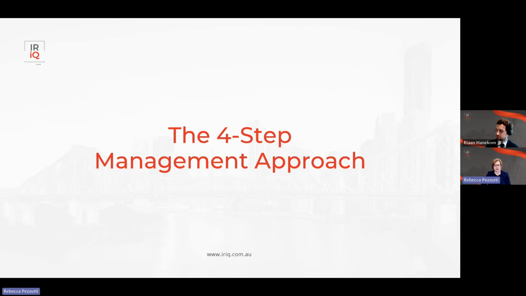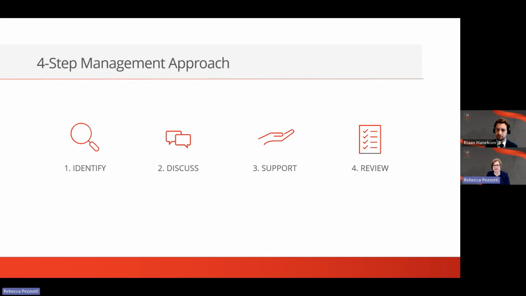Within your policy, though, you may have a range of escalation points. Invariably, the first point is some early communication through conversations that are not complex and don't have to be overly formal. So let's take a look at a simple 4-step management approach along those lines: identify, discuss, support, and review.